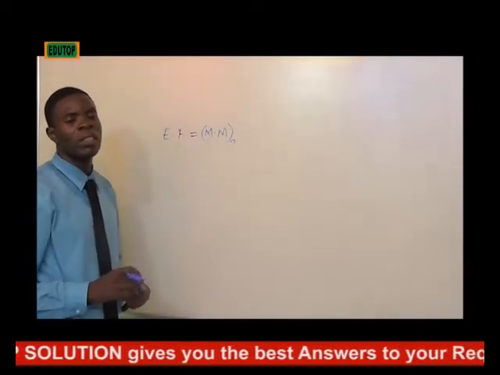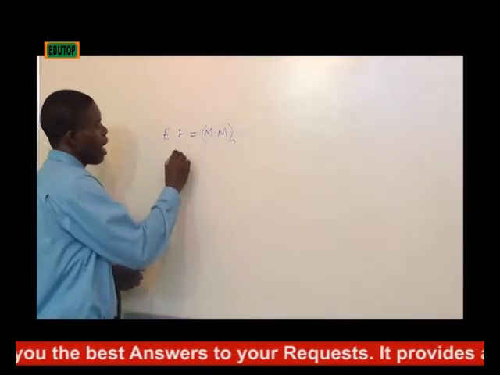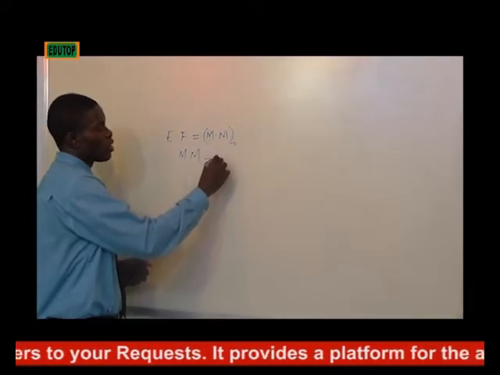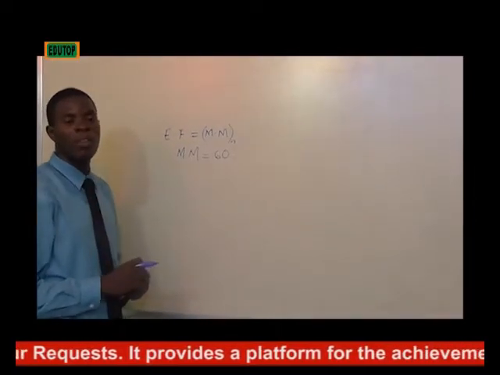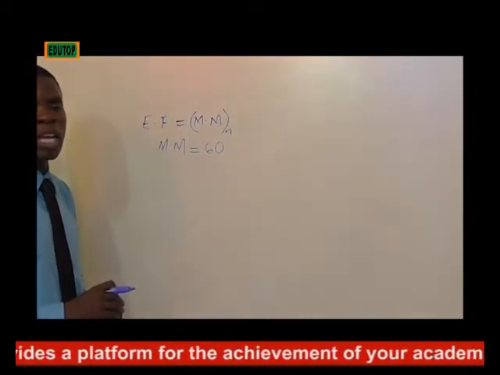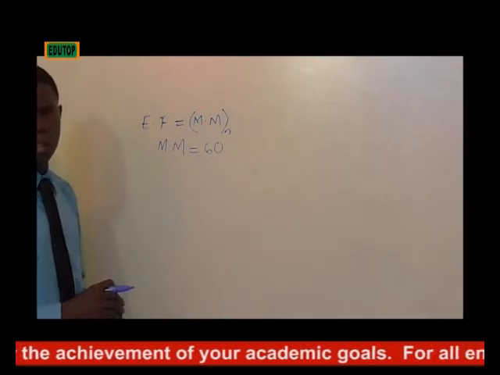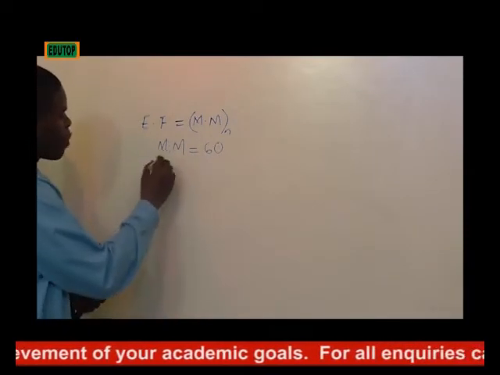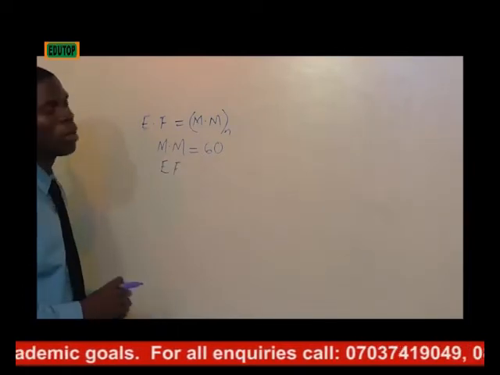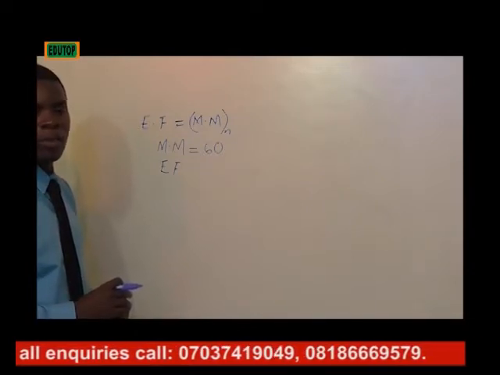From the question, the molecular mass M is equal to 60, and the question asks us to calculate the whole number of atoms. The empirical formula has also been given.